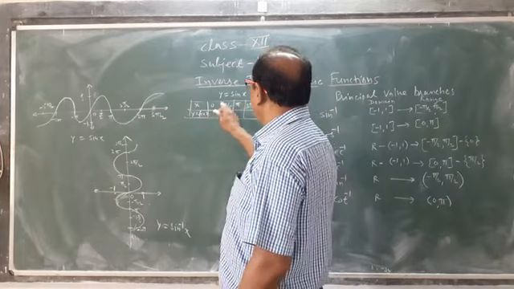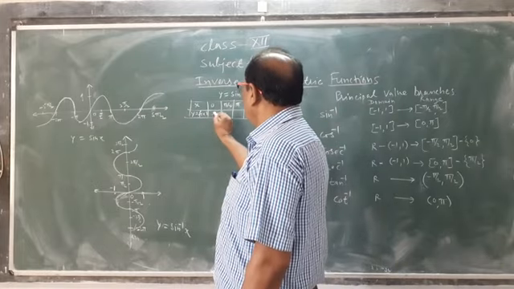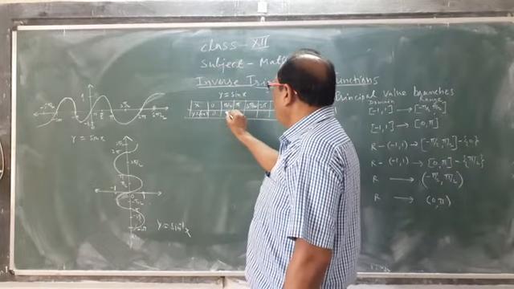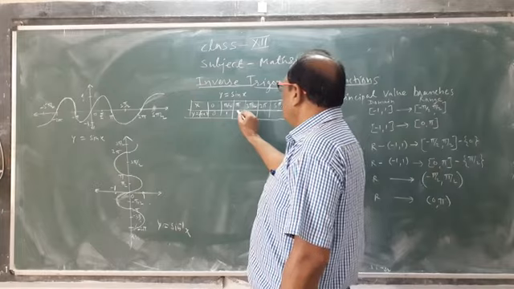If x is equal to 0, then sin 0 is 0. Sin pi by 2 is 1. Then sin pi is 0.